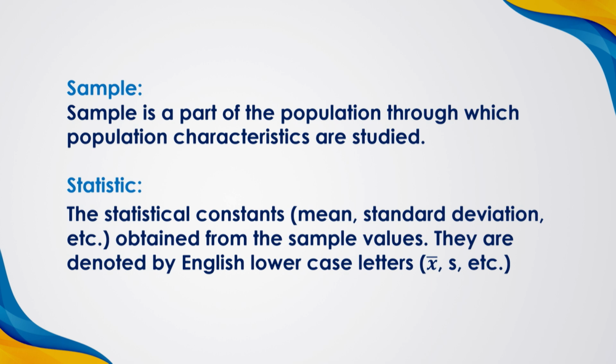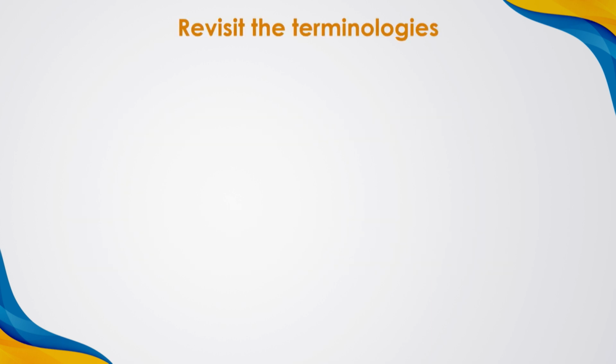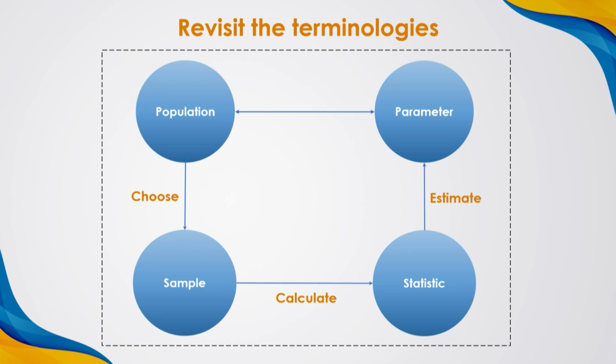Statistic. The statistical constants, that is mean, standard deviation, etc., obtained from the sample values. They are denoted by English lowercase letters x bar, comma, s, etc. Revisit the terminologies. Now, what we have learned earlier is given in the figure.